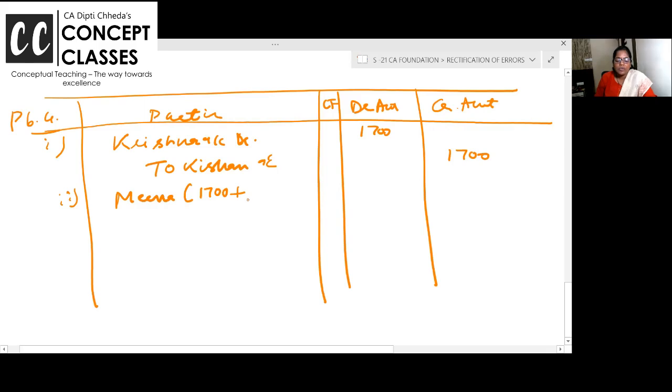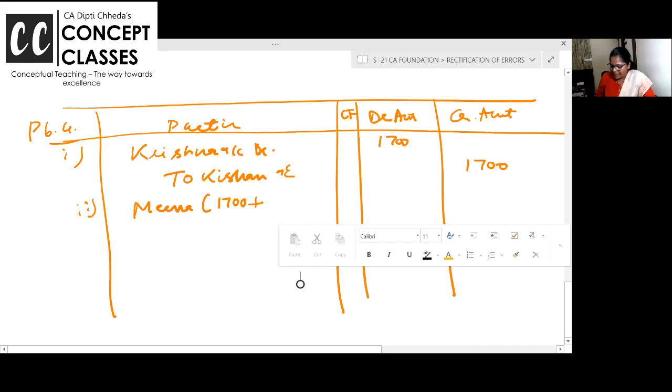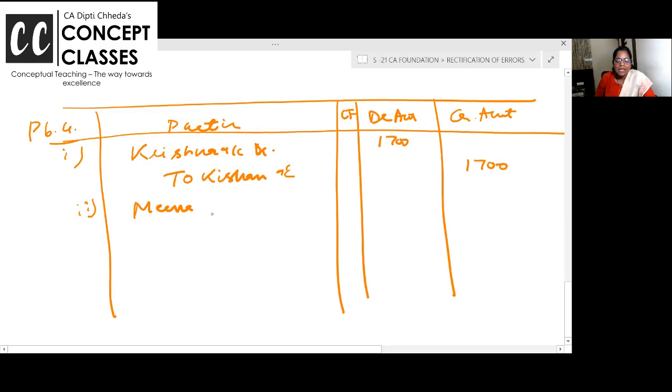Cash sales was posted to the credit side of Meena. Cash is correctly coming in, but instead of crediting sales, Meena's account was credited. What is the entry for cash sales? Cash to sales. What did they do? Cash to Meena. Meena wrongly credited, so debit. Sales not credited, now you credit. Cash to sales, you record that, right?